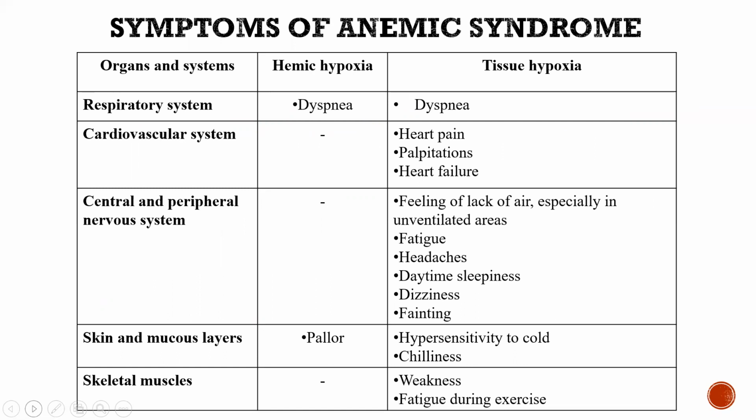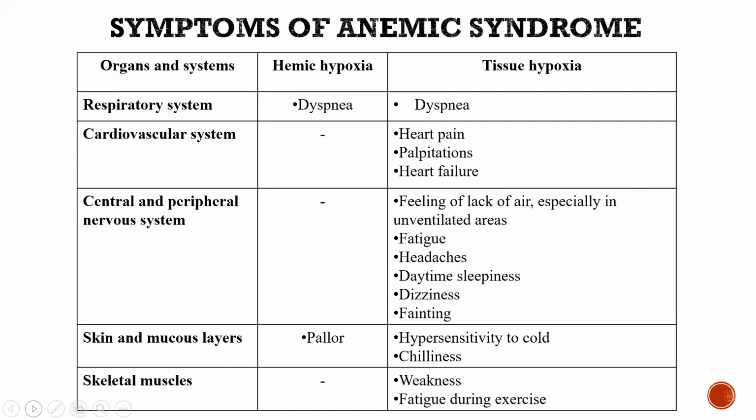Anemic syndrome in the respiratory system is represented by dyspnea. Cardiovascular problems in patients with anemia will be represented with heart pain, palpitation, or heart failure. The central and peripheral nervous system reacts with a feeling of lack of air, fatigue, headaches, daytime sleepiness, dizziness, and fainting.